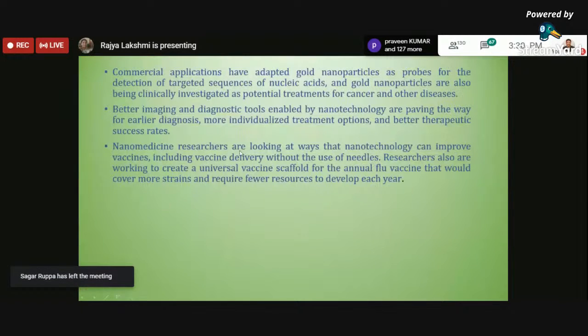People are working on nanotechnology for vaccine delivery without the use of needles, and they are even working on creating a universal vaccine scaffold for the annual flu vaccine, so that it would cover more strains and require fewer resources to develop each and every year.